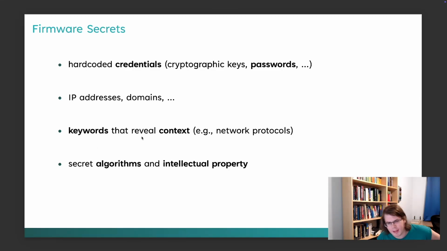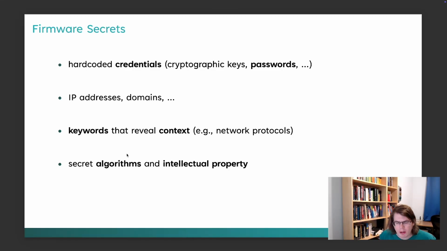And finally, there again might be real intellectual property, like algorithms which have been developed with years of research and are implemented there to do some analysis or to do some file parsing or whatsoever, and this secret IP should not be revealed. Here, as you will see in a few minutes, we can easily find things in the binary and get at least a high-level understanding about what the code is doing.